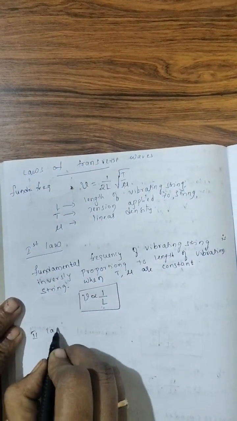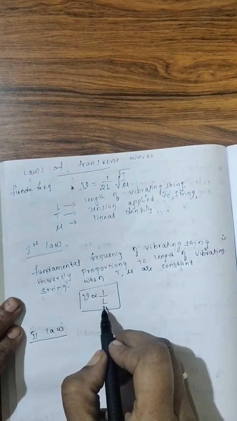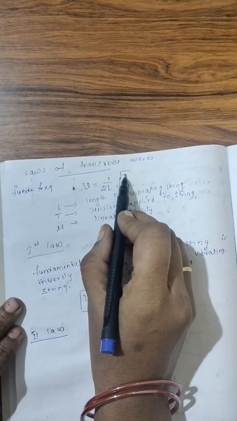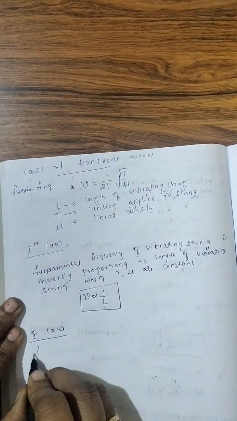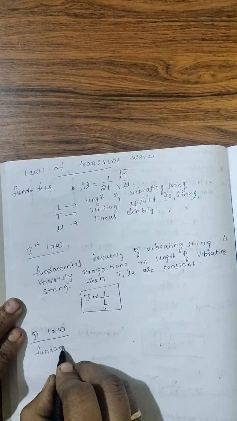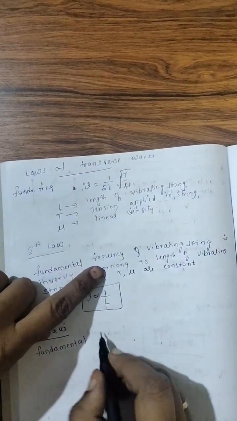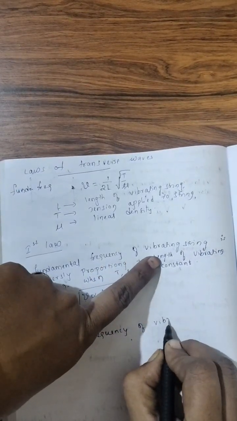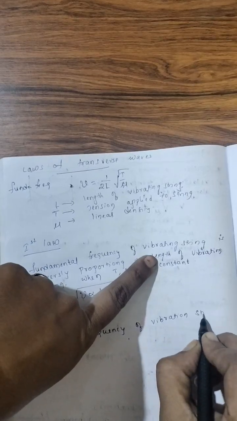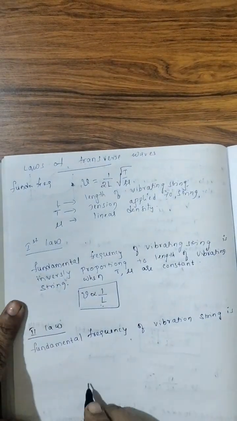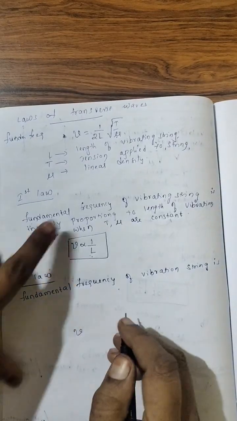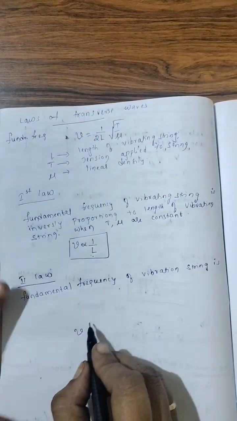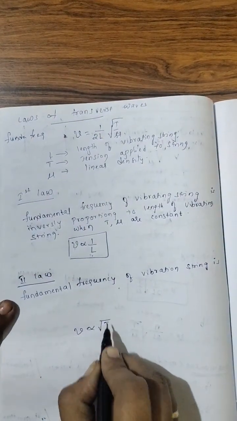Now second law. In second law, now L completed, no? Now L and mu will be kept constant. T will be changed. So now same. Fundamental frequency of vibrating string is now new. Okay, new. Now here, L and mu are kept constant. Now what am I changing? T. So proportional to root T. It is in numerator.